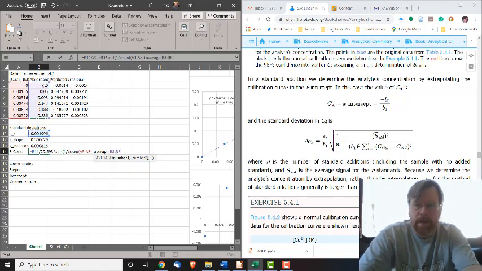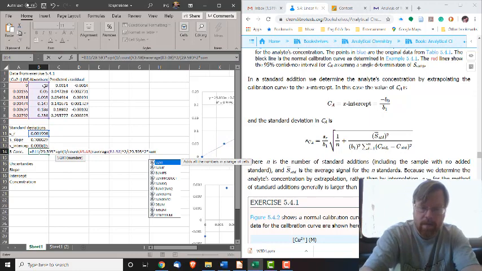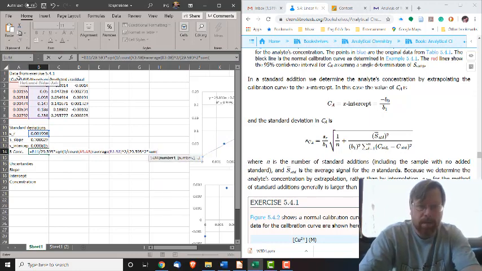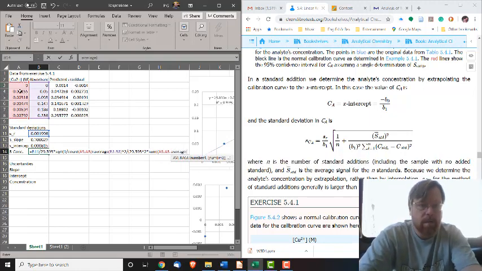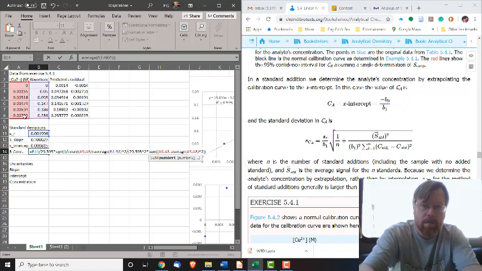So there's my average squared, divided by 1.593 squared, minus the average. I think that's right.